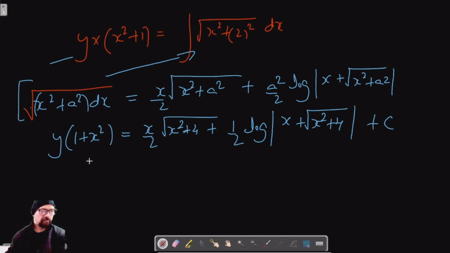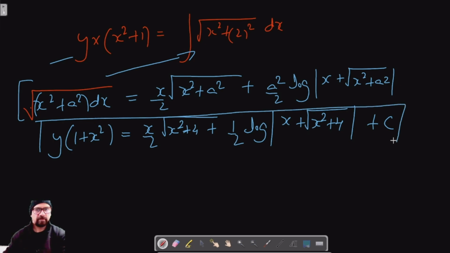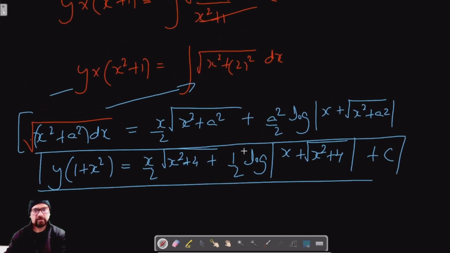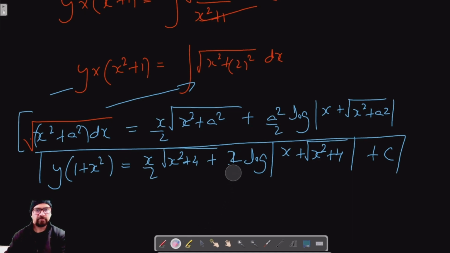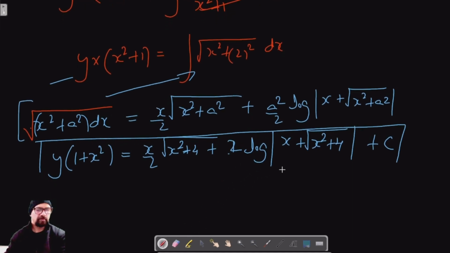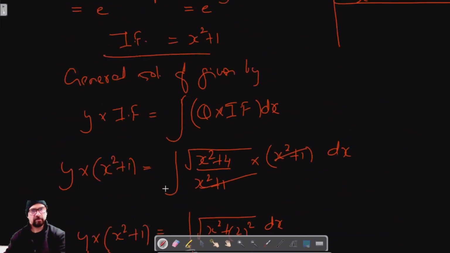Here a squared is 4, so 4 divided by 2 is 2. So this is 2 log x plus under root x squared plus 4 plus c.